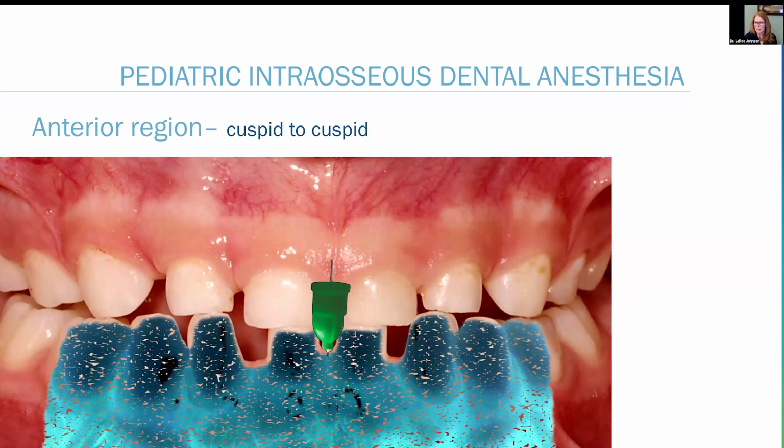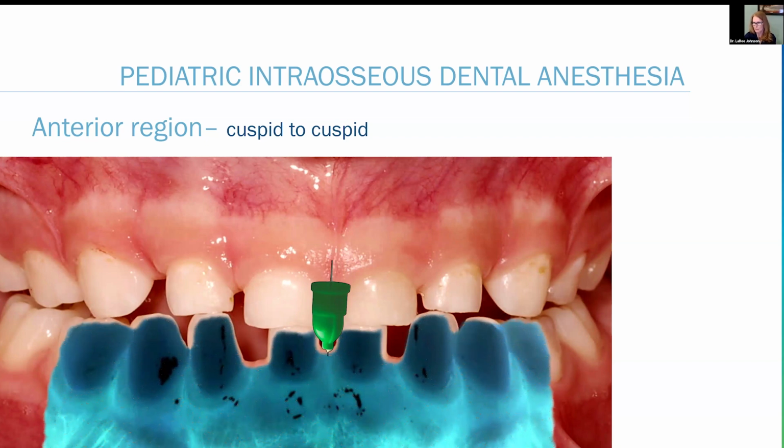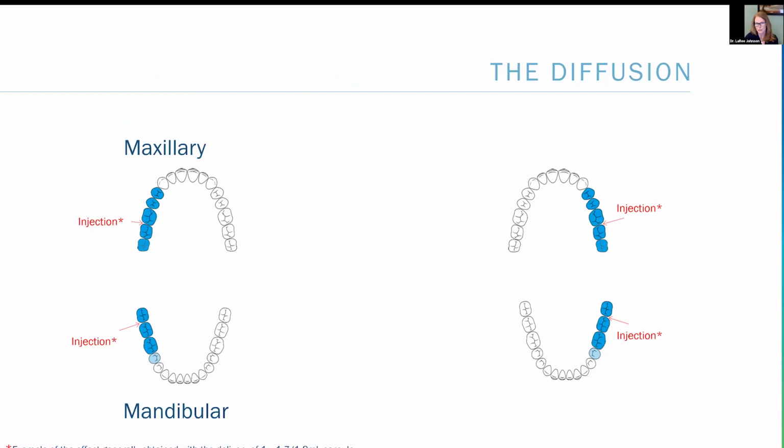The beautiful thing is intraosseous anesthesia does not have a midline. It's not chasing nerves. It's simply filling a container with solution and bathing the apices of the teeth in it to provide anesthesia. So again, these are the areas that we can inject, but I caution you with the permanent dentition, if you're using a 9 mil needle, just plan for it to be intraseptal.